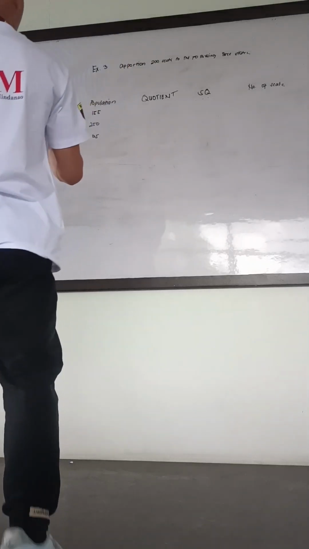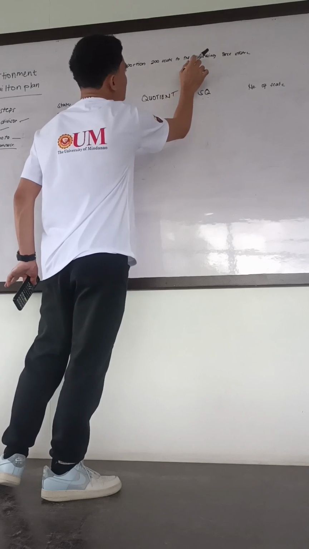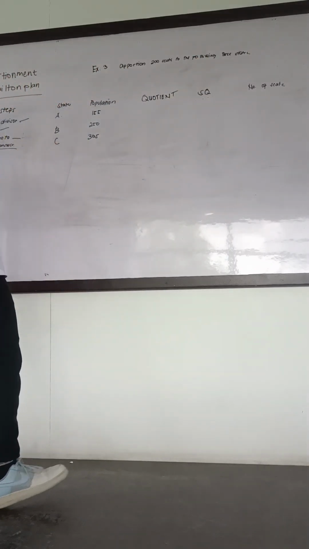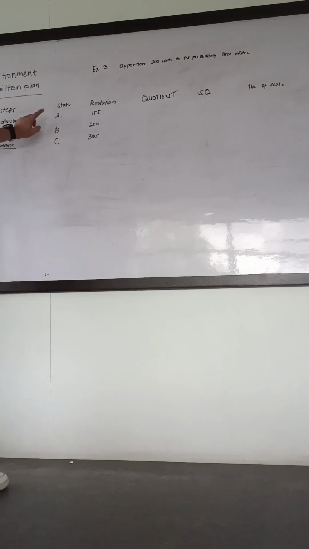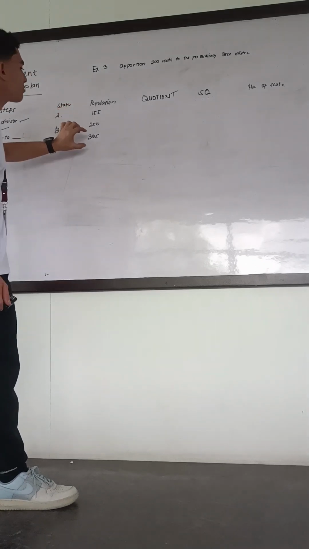So for our example 3, we have to apportion 200 seats to the following 3 states. So here we have 3 states, which are state A, B, and C with a population of 155, 250, and 305.